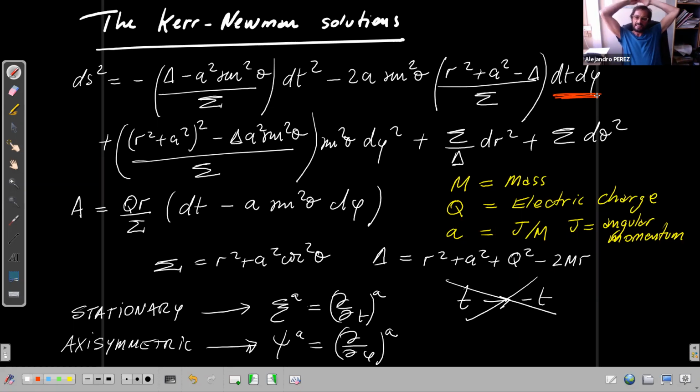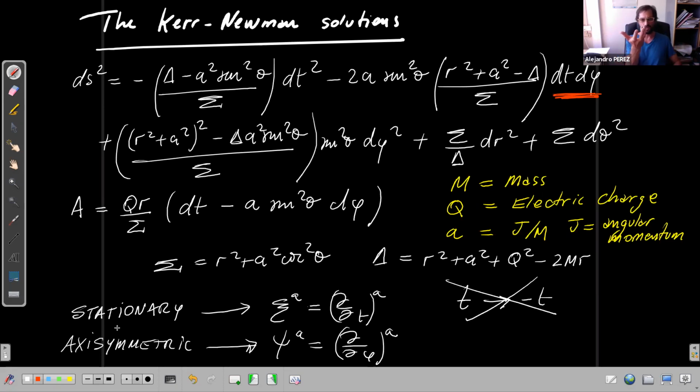It's not surprising that this is not static. We wouldn't like to have something that is time reversal symmetric, because this solution describes a rotating object, a rotating black hole. If there is some natural notion of time, which there is here because space-time is stationary, and you invert this time, you expect something to change because you will be changing the direction of the rotation.